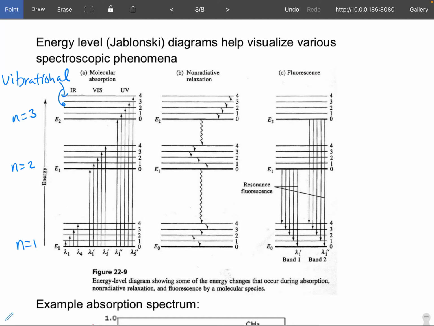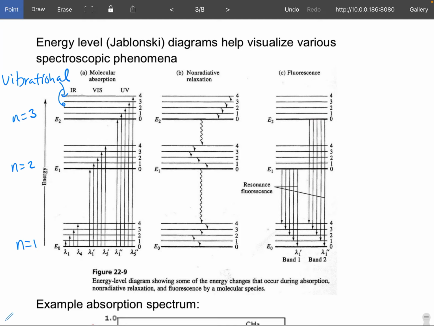Now, one thing to point out is the vibrational energy levels decay very, very rapidly back to the vibrational ground state. And so in fluorescence, that's always going to be the case, that the excited electrons are going to start off at some excited vibrational state, but very rapidly decay to the ground vibrational state within an excited electronic level.